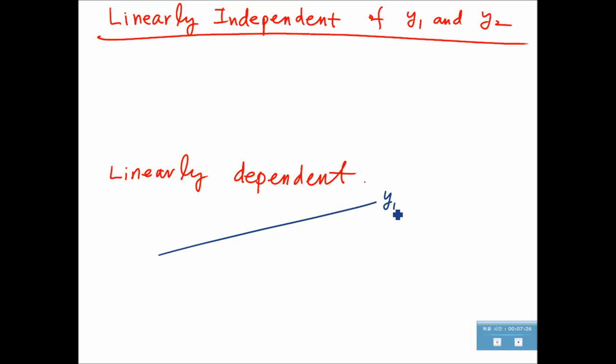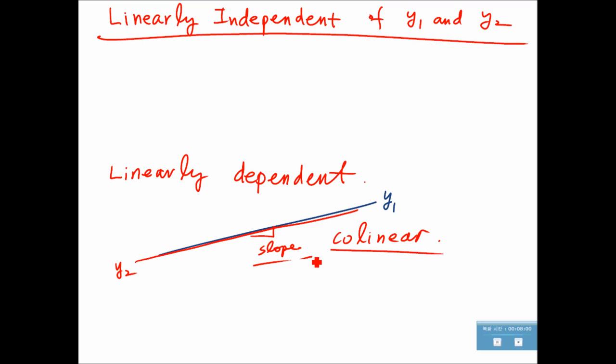Let's say y1 is this, and linearly dependent is this state. If they are really collinear, meaning they have the same slope, as long as they have the same slope, they are collinear and they are linearly dependent.